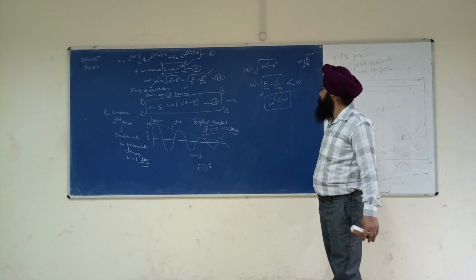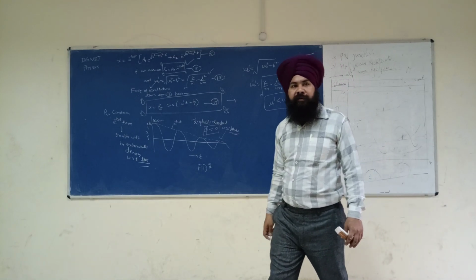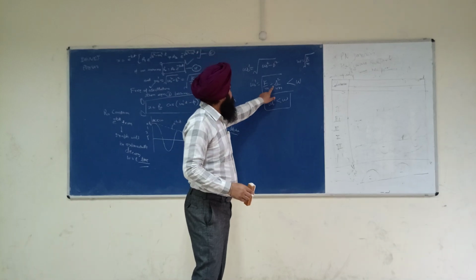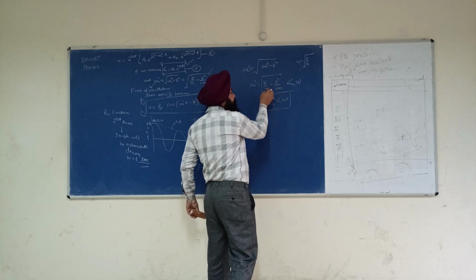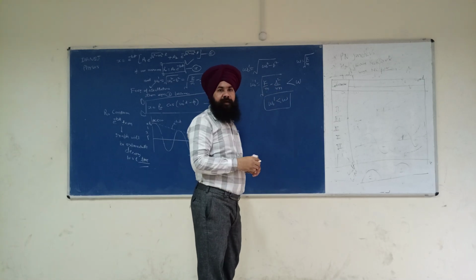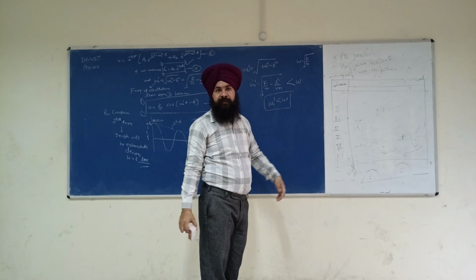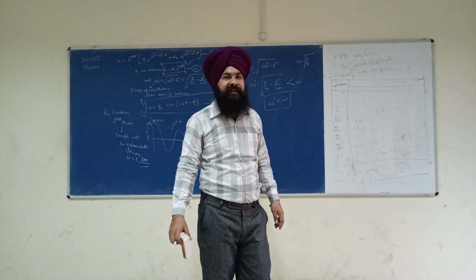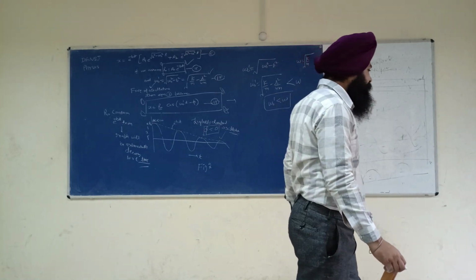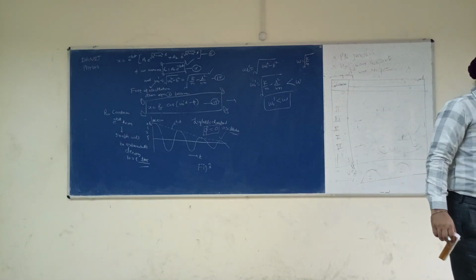Please write. Because this is a minus factor, this factor will reduce the overall term, and we have a square root also. So this total will be less than omega naught. Omega naught prime is less than omega naught.